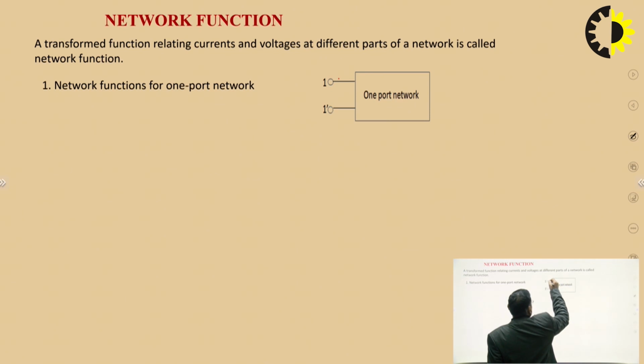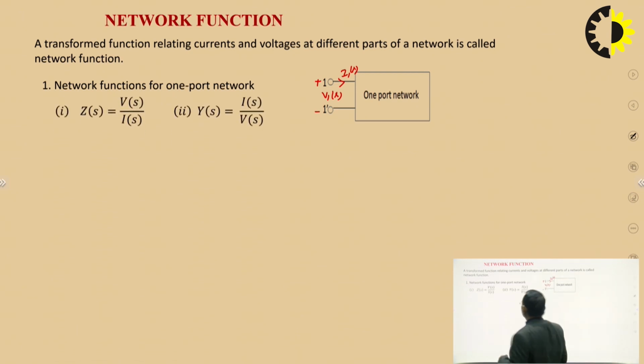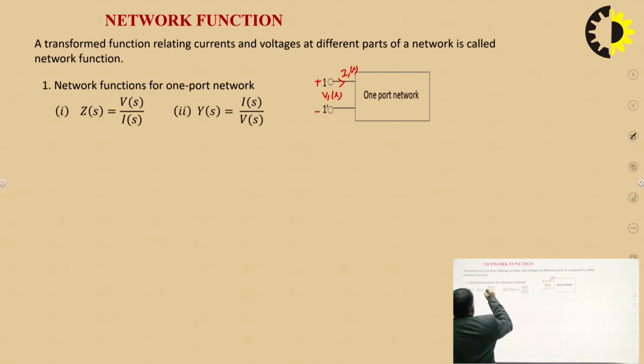So suppose this is your I1, this is your V1, this is plus, this is minus. So one port means one pair of terminals. So the network functions for a one port network are Z(s), which is the ratio of V(s) upon I(s).